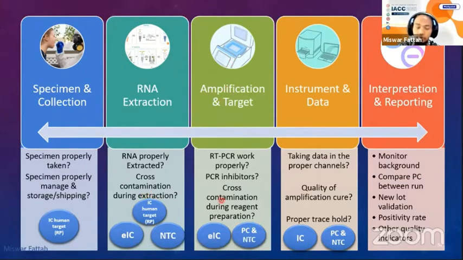For monitoring amplification, we can utilize a positive control to monitor false negatives, or whether the real-time PCR works properly, a negative control to monitor cross-contamination, and an internal control to monitor PCR inhibitors. So for each step we need to have a control, so we can make sure we monitor all steps perfectly.